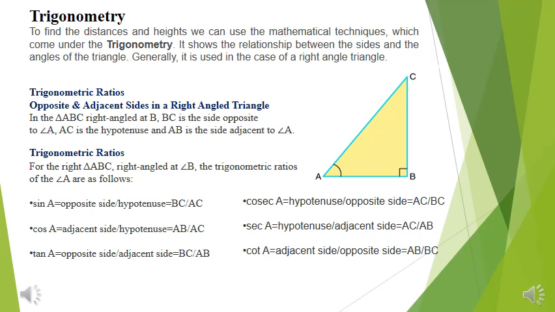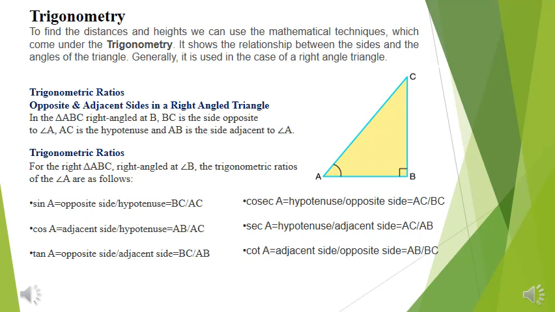For sine theta we use opposite side by hypotenuse, meaning we compare the ratio of the opposite side and the hypotenuse. Similarly, for cos theta we use adjacent side by hypotenuse. Like that, for tan theta we write opposite side by adjacent side.